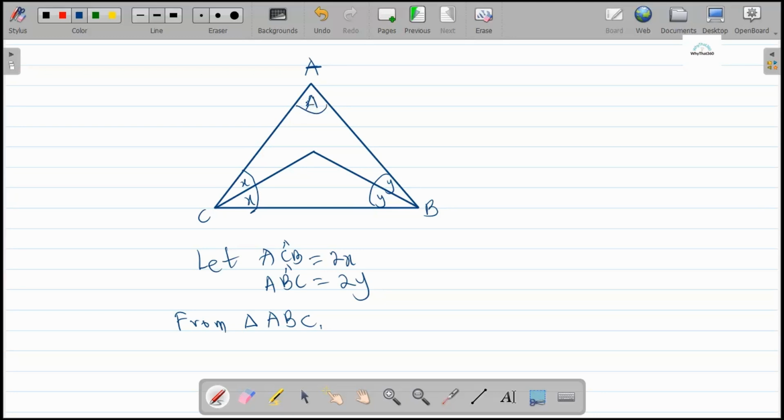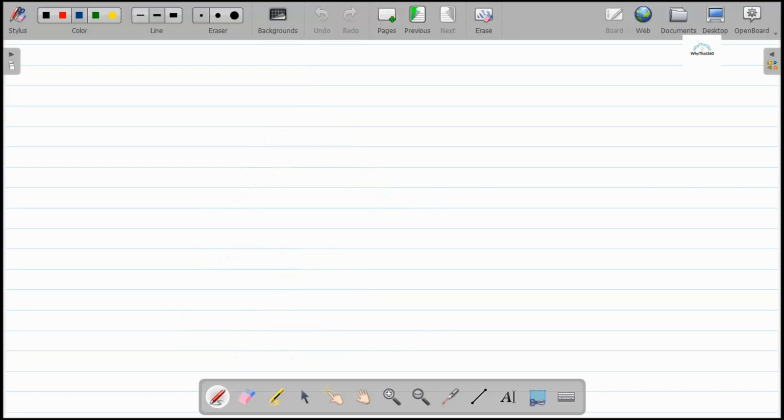When we add all the angles, A plus the angle at B plus the angle at C, we should get 180 degrees. So we had angle A plus angle B plus angle at C, and they were all equal to 180 degrees.